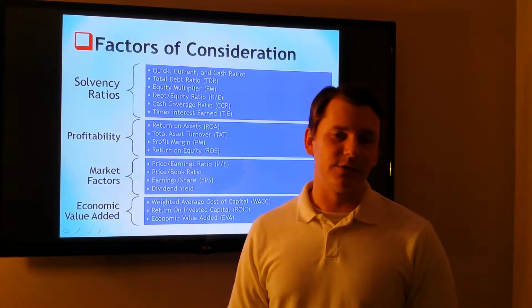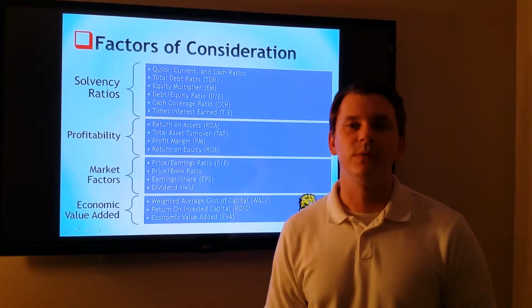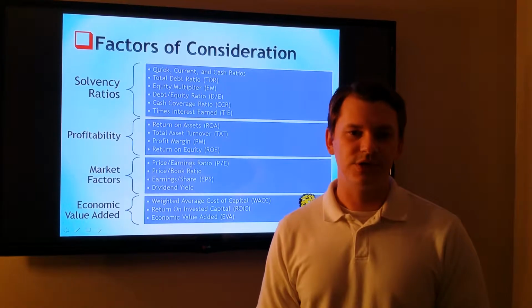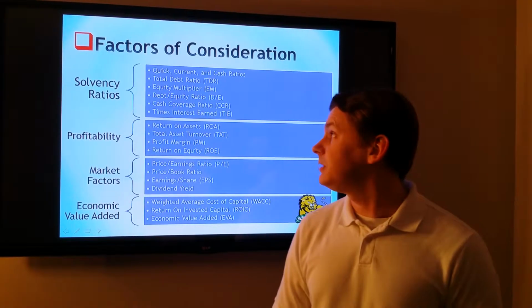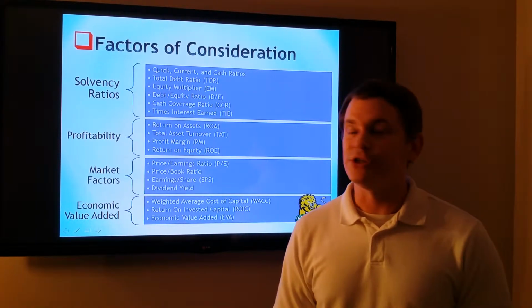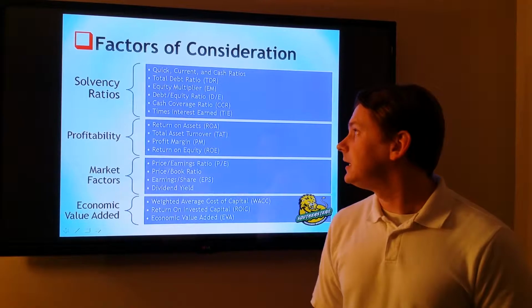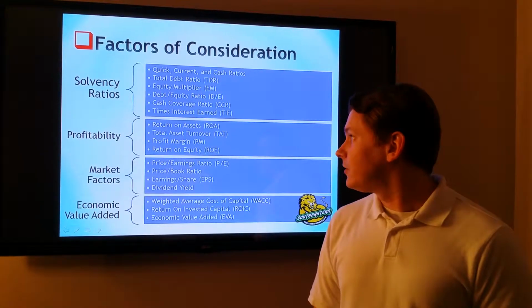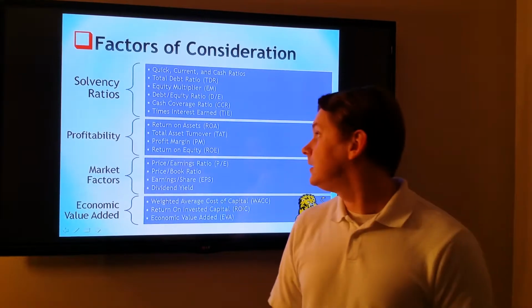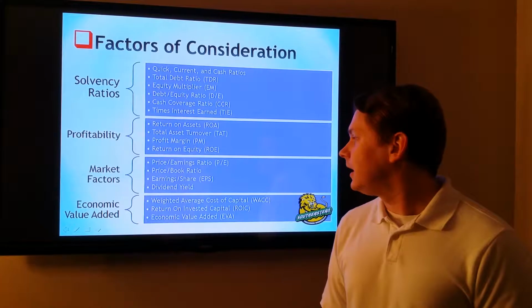Our factors of consideration for this: solvency ratios, specifically on the short term, we use quick, current, and cash ratios. We also use our total debt ratio and equity multiplier, debt to equity ratio, cash coverage ratio, times interest earned. We're intimate with these at this point. Profitability, we looked at ROA, total asset turnover, profit margin, and ROE.